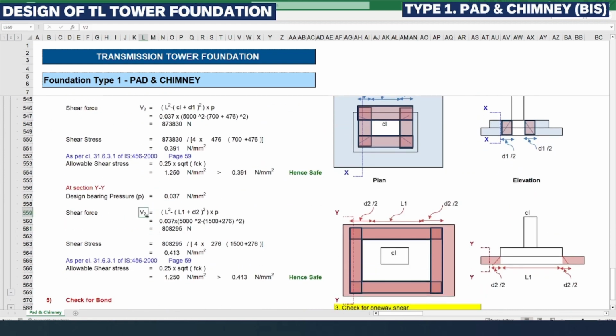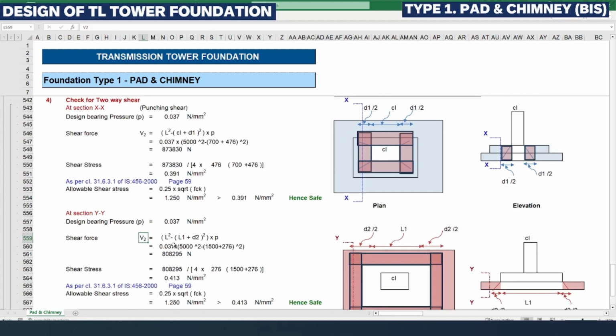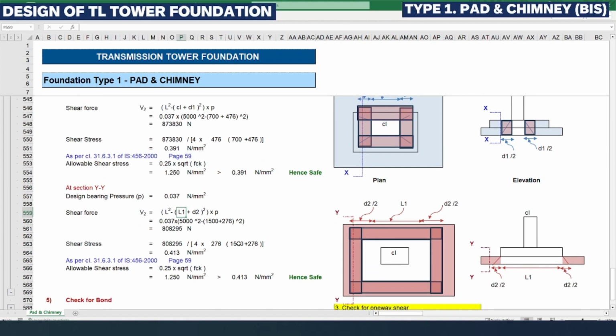Yes, here shear force V2, that is two-way shear, equals L square minus L1 plus D2 square. L1 is that drop width 1.5 meter plus D2 divided by 2 into 2, because there are two numbers of D2 by 2. So multiplying D2 by 2 into 2, the 2 will get cancelled, only the D2 is going to be available.